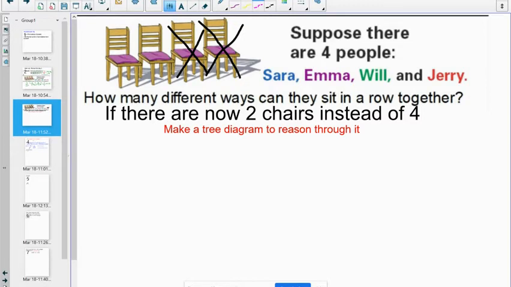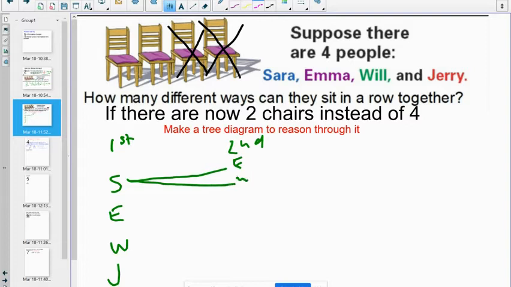We're going to make a tree diagram. So let's say our first chair, second chair, we get to pick Sarah, Emma, Will, or Jerry. And for a second one, we can either pick Emma, Will, Jerry, because we already picked Sarah, so we're not going to have Sarah as an option for our second chair.